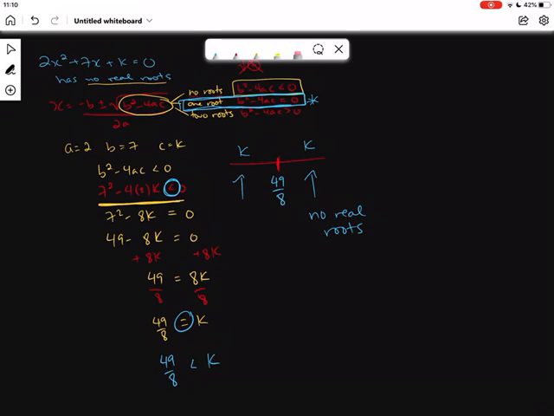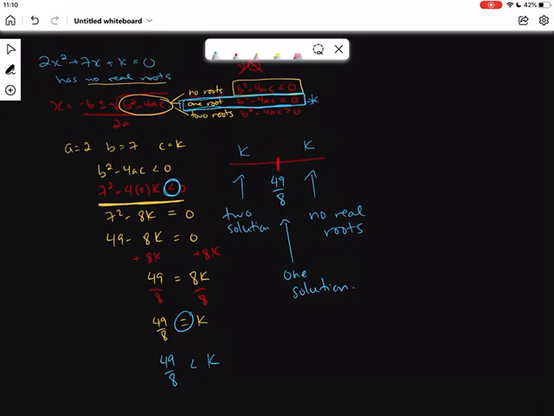Or sorry, not one solution. What am I saying? I would get two solutions. My mistake. And if k equals exactly 49 over 8, this is where I would get exactly one solution.